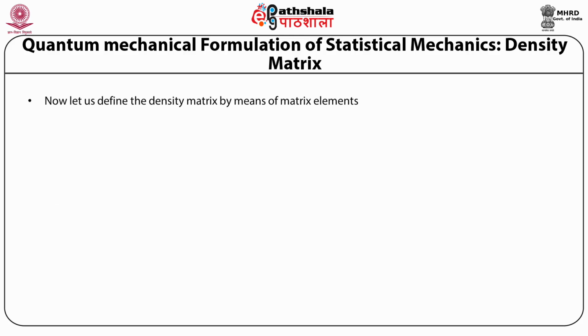Now let us define the density matrix by means of the matrix elements. rho_mn as a function of t is equal to 1 upon the total number of systems in the ensemble, multiplied by the summation over k from 1 to the total number of systems in the ensemble of a_mk(t) multiplied by a_kn star(t).